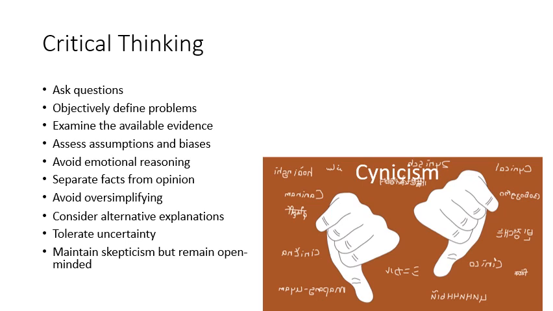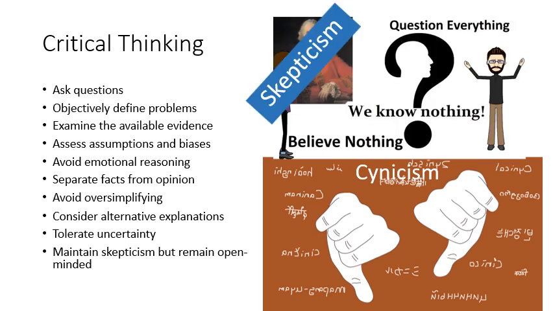It's not the same as cynicism. Cynicism is always naysaying, doubting anything, just kind of putting down ideas and always rejecting them. Skepticism is questioning things, is realizing we don't know much. So we have to ask questions, and we have to be open to what the answers are. But we're not going to just believe things without knowing either.